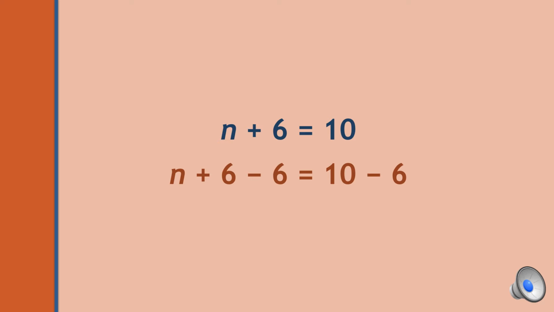Remember, we want to keep this a balanced scale, so what we do to the left, we also do to the right. Those 6's on the left-hand side cancel each other out, and we're just left with n. Then we perform the subtraction, 10 minus 6, and we get 4. So n equals 4. If we plugged that back into the top, we would see that 4 plus 6 equals 10.